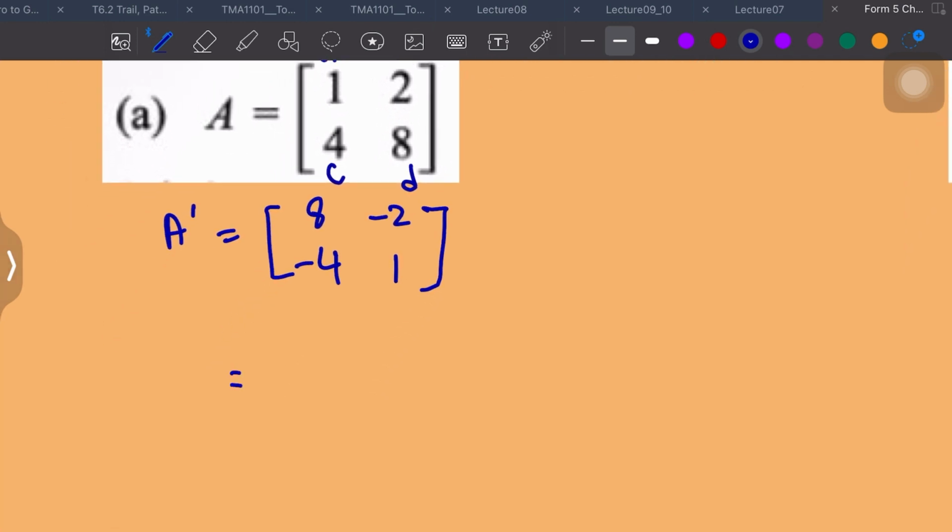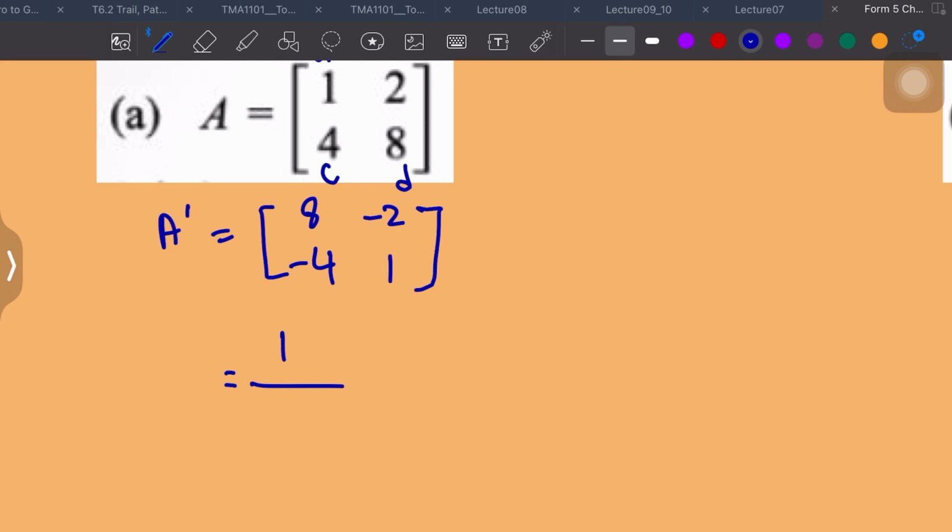Okay, so also we must work out AD minus BC, which is 8 times 1 minus negative 4 times negative 2.